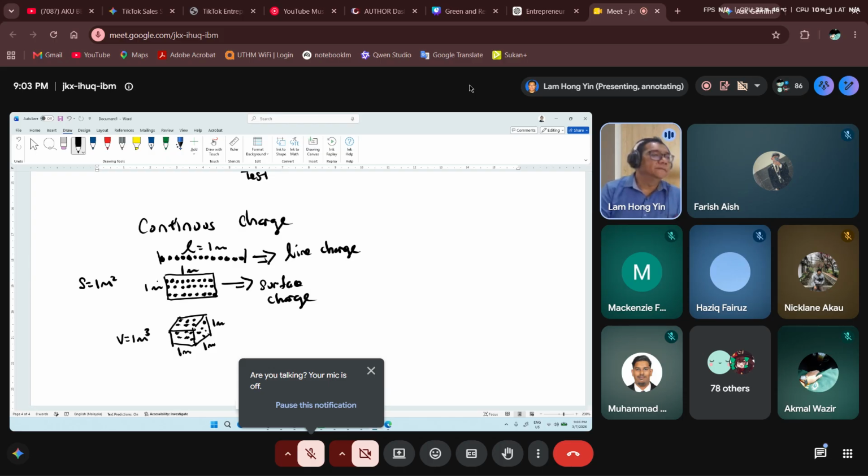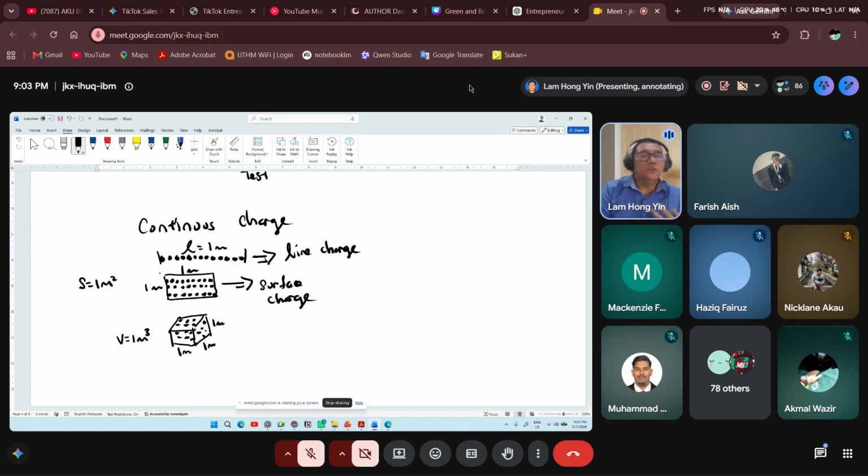Okay, then why do we use this 1 meter? Because this is the standard unit to deal with continuous charge.